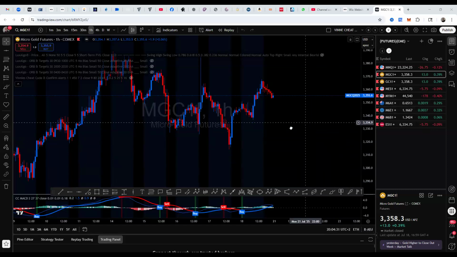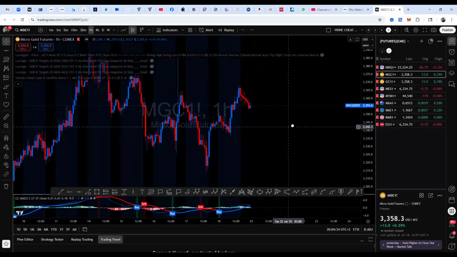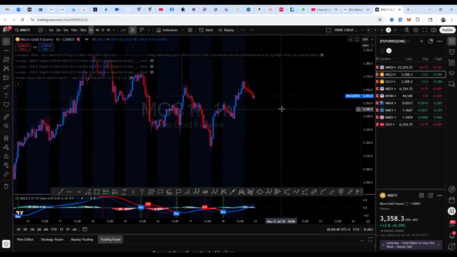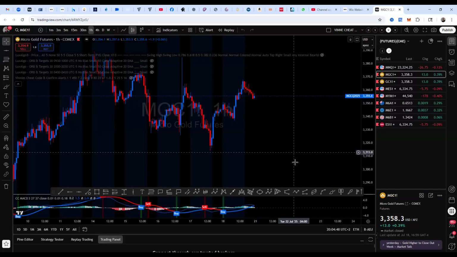I think I found a way to help us get in on the major institutional moves using our Lux Algo price concepts indicator, along with extra confirmations from Vinny's cheat code confirmation indicator as well.